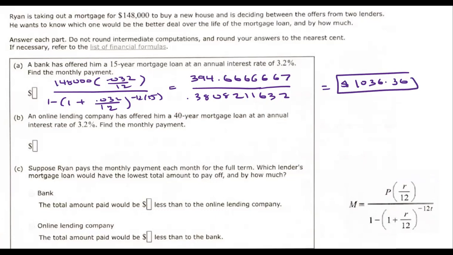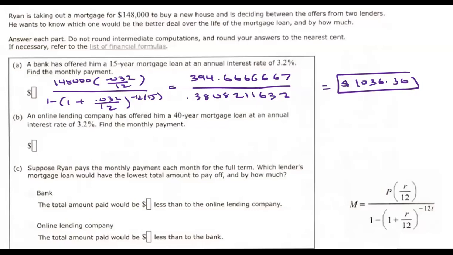All right, so for part B, we're going to do exactly the same thing. Using the same formula, we'll need to write down 148,000 multiplied by 0.032 divided by 12.